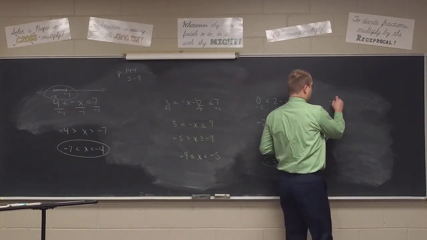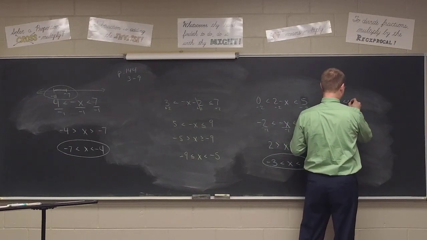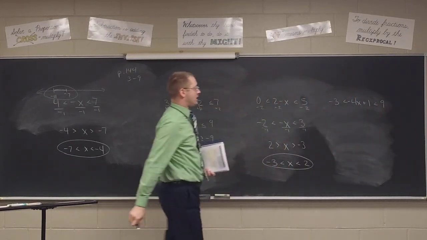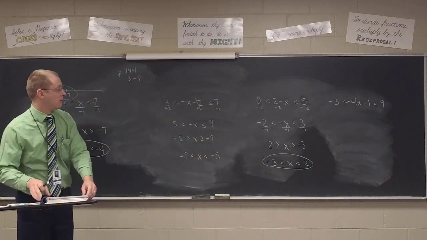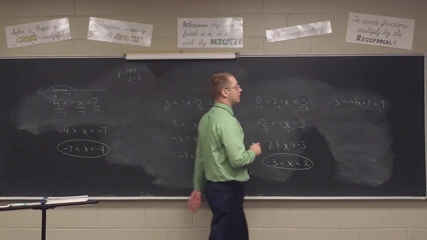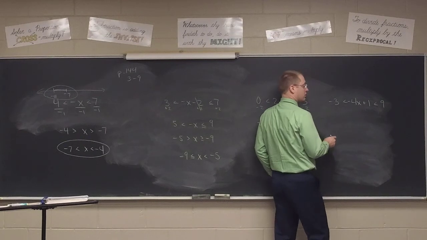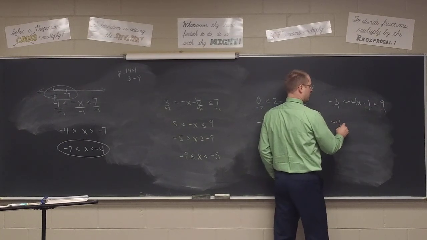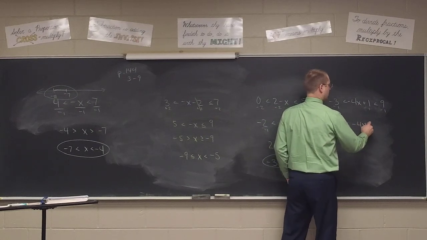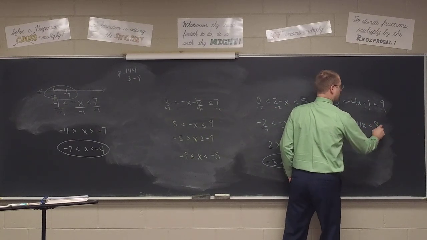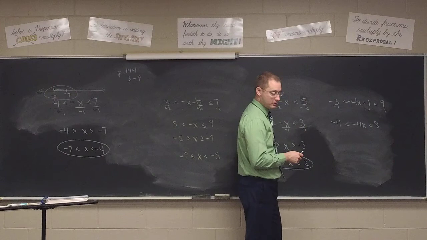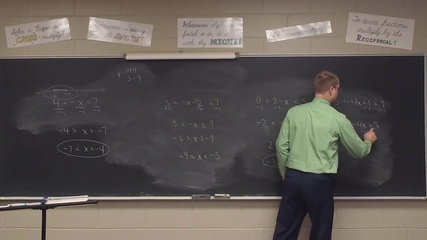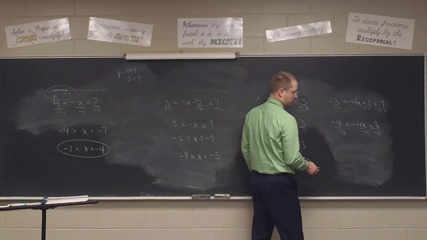Number 18, negative 3 less than negative 4x plus 1 less than 9. And let's see here. Maddie, start us off. All right, now Brecken, to get?